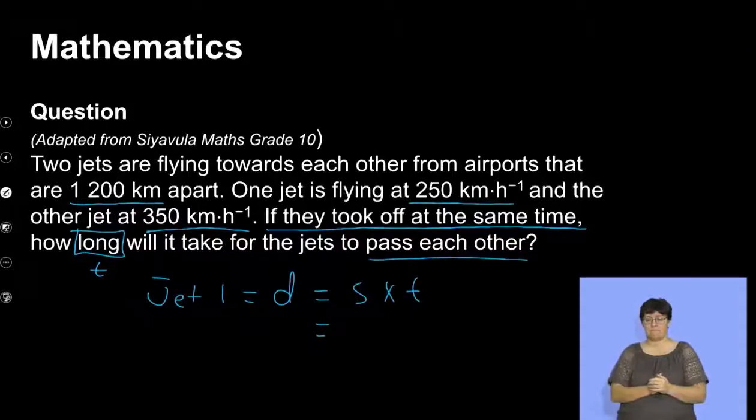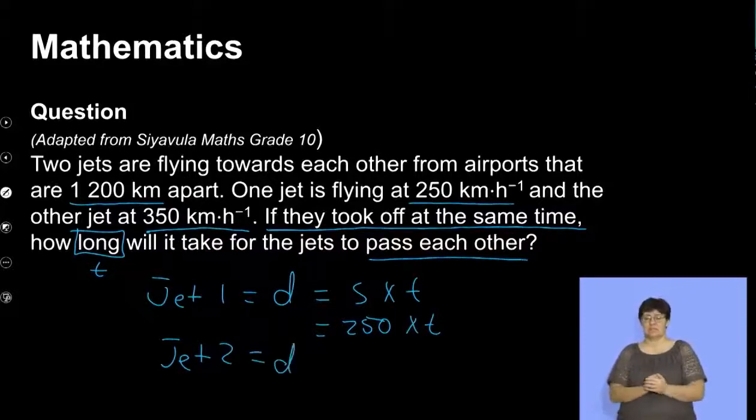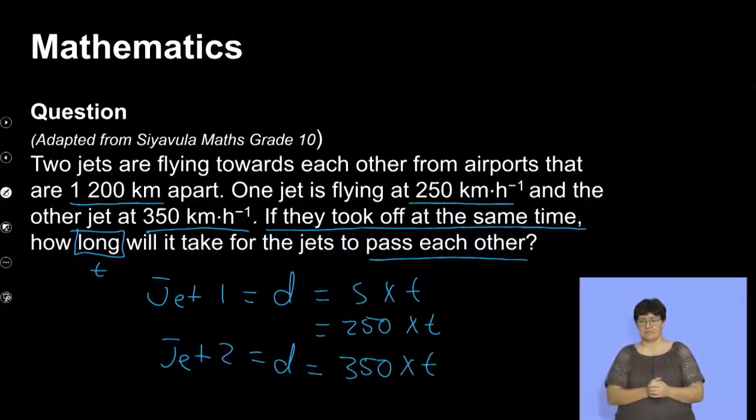I know that the speed of jet number 1 is 250, so this is 250 multiplied by time. And for jet 2, D is equal to speed multiplied by time, so that becomes 350 multiplied by the time.